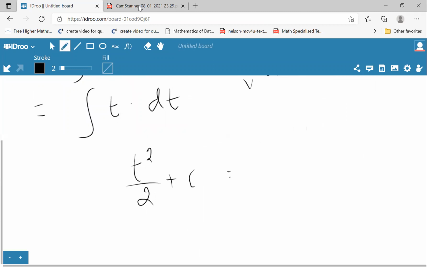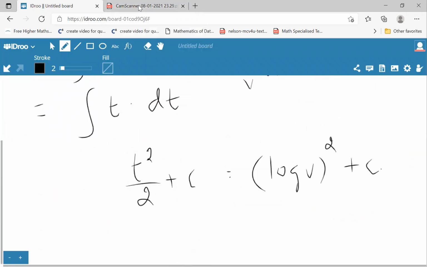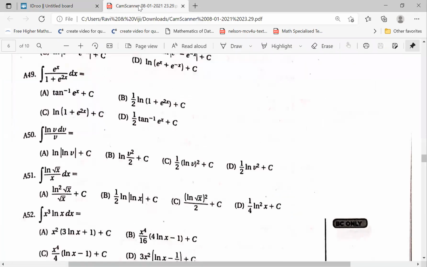Log v. So log v the whole square by 2 plus c. Log v the whole square plus c. So option B is correct.